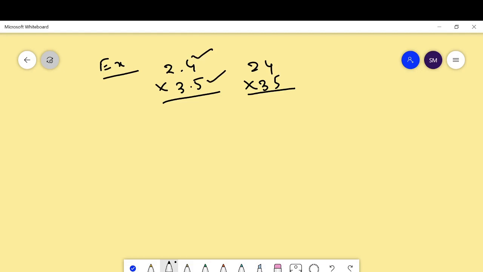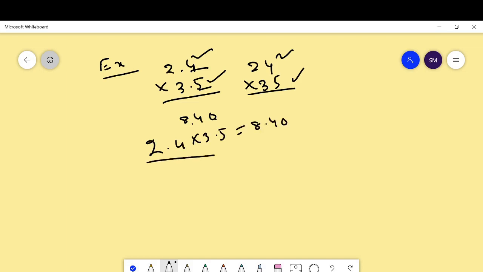By multiplying we get 840, 24 into 35. Then put the decimal, counting from the right side. This is 8.4. When we multiply 2.4 into 3.5, we get 8.40. This is the answer. In the same way, you can divide by converting into like decimals.